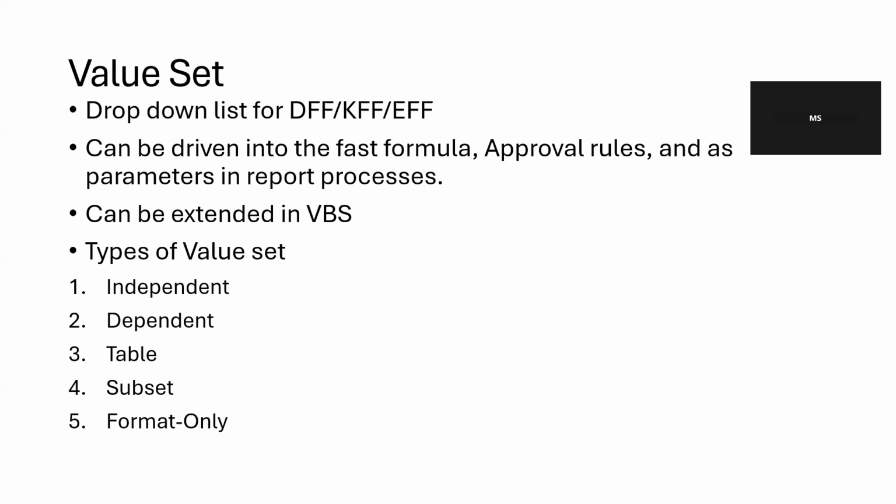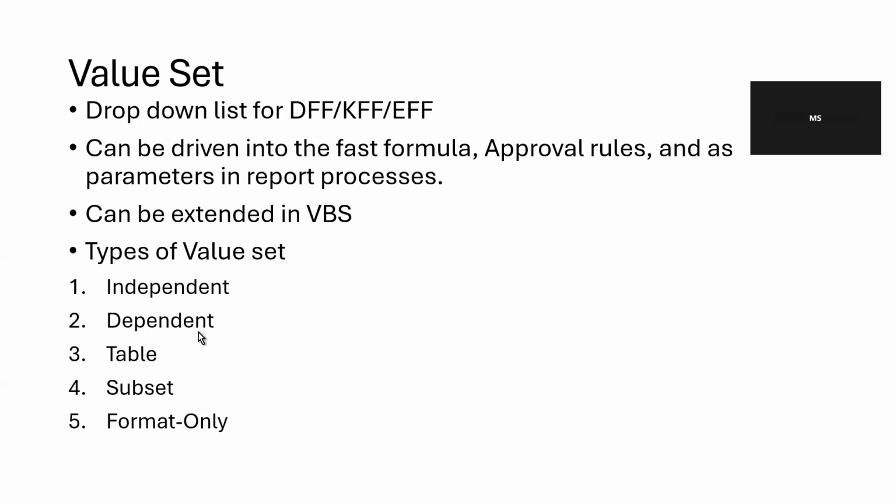Whereas for the dependent value set and the subset, both are very much similar, but the major difference is that both use the independent value set. For both of these, we have to create the independent value set first. Without an independent value set, we cannot create a dependent or subset value set.